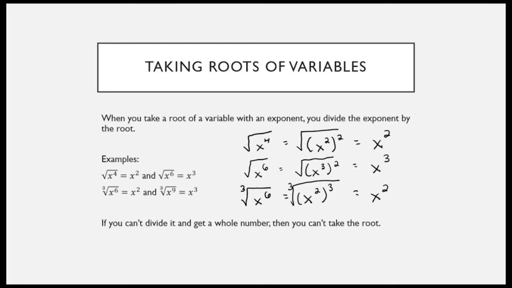Okay. And if it doesn't divide evenly, then you can't take the root. Like if I wanted to take the root of x cubed, I can't divide that out. 3 divided by 2 gives me a fraction or a decimal. So if you're not getting a whole number, then you can't do that. There are ways around this that we will do by rewriting it, splitting it up differently.